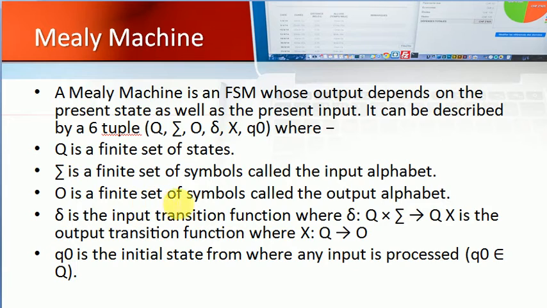O is the finite set of symbols called the output alphabet, and delta is the input transition function where delta is Q times Sigma giving Q. X is the output transition function where X is Q to O. Q0 is the initial state from where an input is processed.